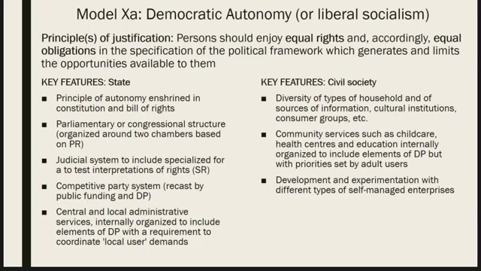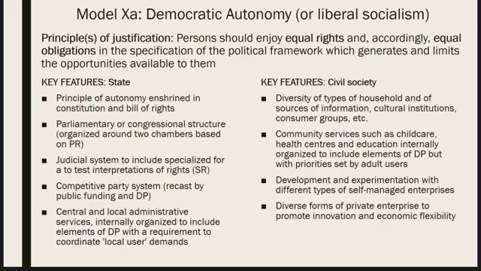We can also ask the question about whether or not democratic autonomy would create political legitimacy. Now, here, Held is a bit uncertain because he says that the model is basically a thought experiment, and he thinks it probably would create legitimacy because it would be based on more egalitarian measures.